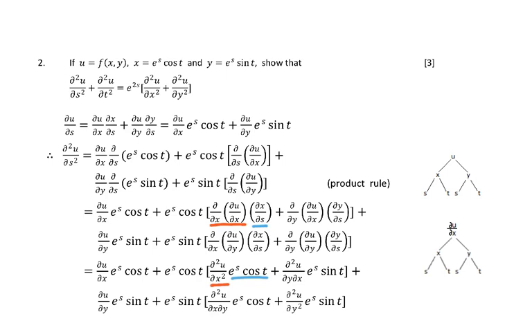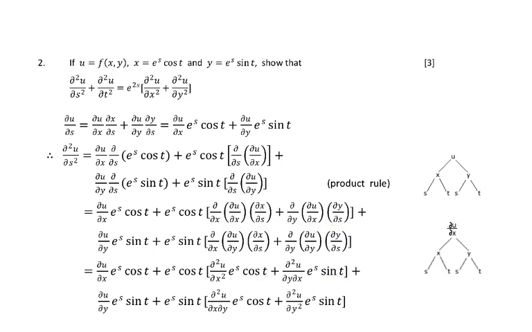Likewise, if we have a look at the second part there, the partial derivative with respect to y of du/dx gives us a second order mixed partial derivative, first with respect to x and then with respect to y. And again, the partial derivative of y with respect to s is just e to the s times sin of t, because the derivative of e to the s is just e to the s.